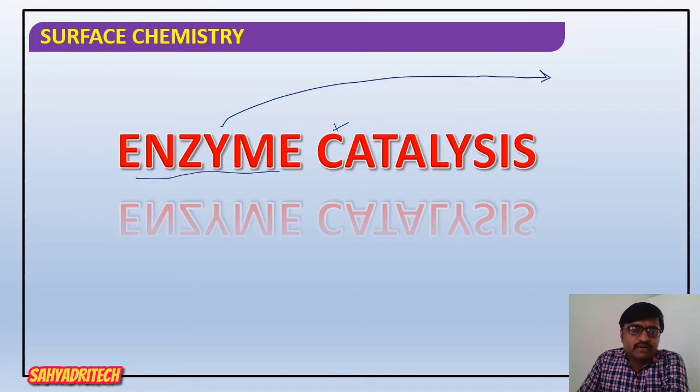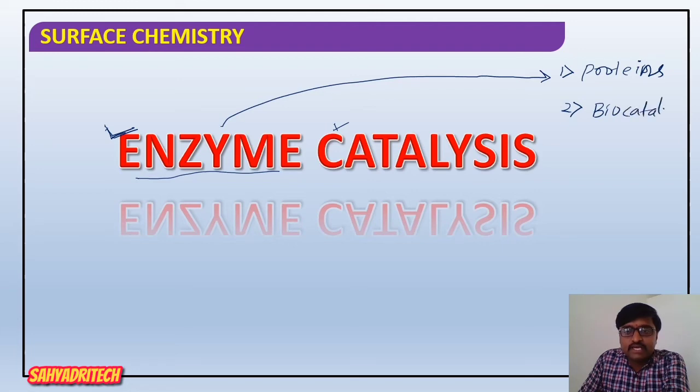Well, here we first try to understand why we say enzyme catalysis and what these enzymes are. First, enzymes are basically proteins, proteinaceous substances. Enzymes are proteins and they act as biocatalysts.